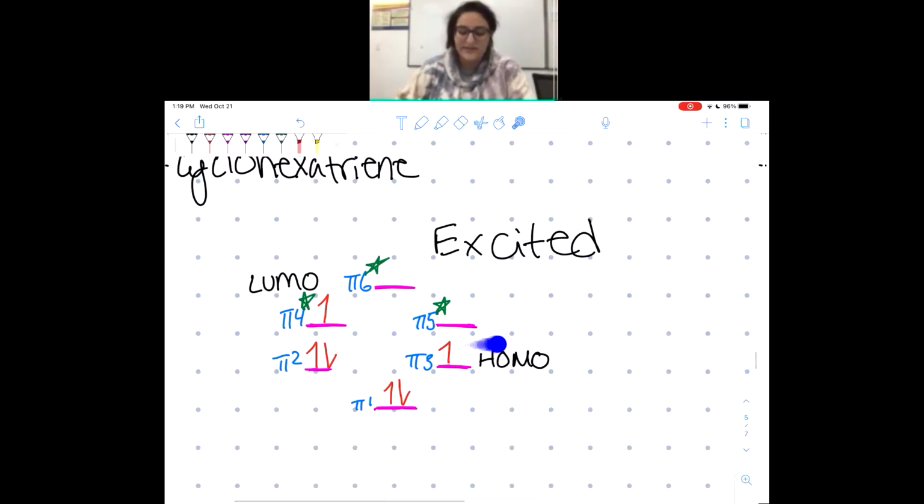And so all of these electrons are going to count as bonding electrons. So we're only going to subtract by 1 because 1 went up to the antibonding. So we are going to have 5 bonding electrons and 1 antibonding electron.